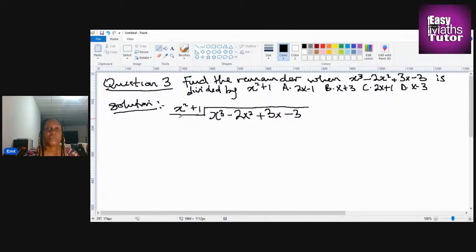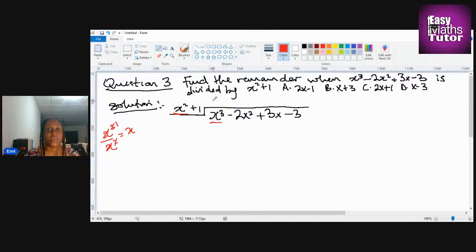First of all, take the first term of the divisor, which is x squared, and divide it into the first term, which is x cubed. We know that x cubed divided by x squared is x.